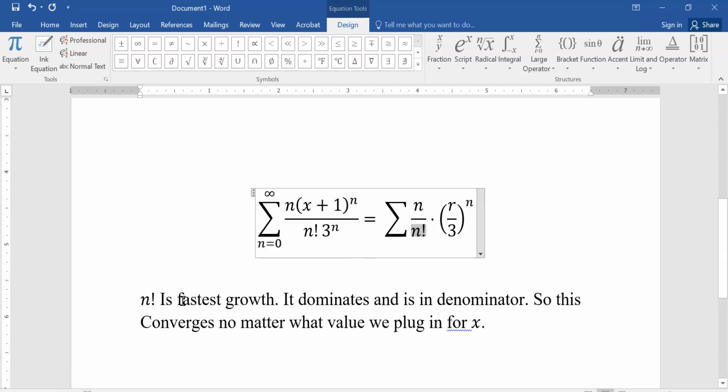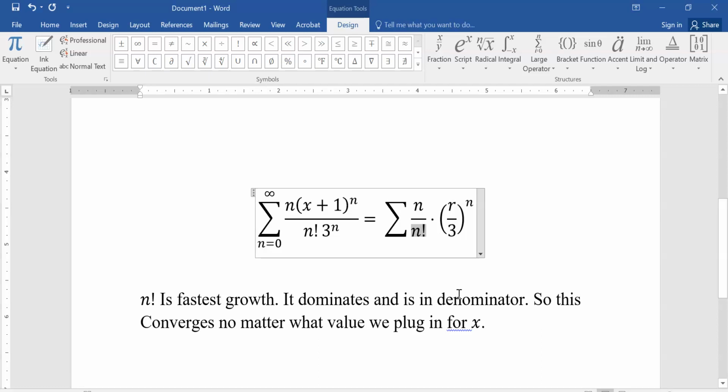Now, n factorial is the fastest growth around. And so it's going to dominate this whole thing, meaning whatever n factorial does, the whole series will do.